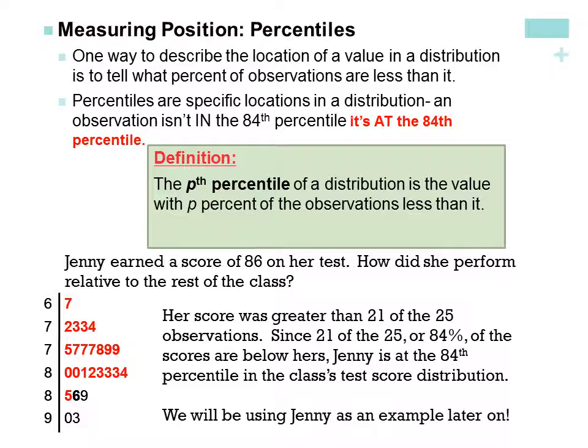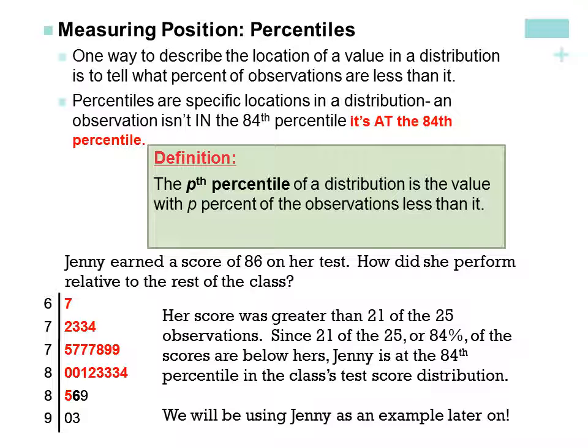Okay, so how would I do that? Her score was greater than 21 of the 25 observations. So if you counted up all of the scores in red, those are the scores less than Jenny's, because percentiles are less. Since 21 of the 25 are less, or 84% of the scores are below hers, Jenny is at the 84th percentile in the class scores distribution.